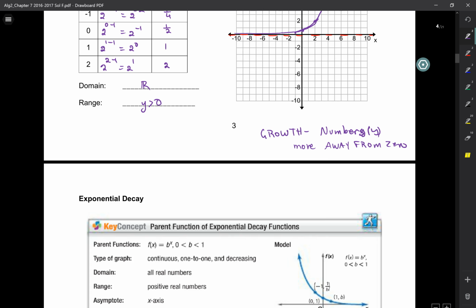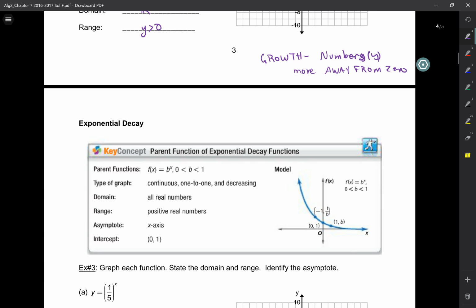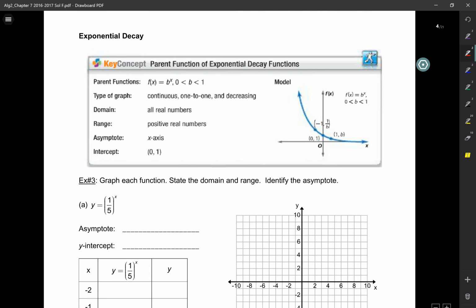All right. When something is decaying, when something is doing the opposite of growth, are the numbers moving away from 0 or towards 0? They're moving towards 0, right? So exponential decay is when numbers in the y-axis, in the y values, move towards 0.